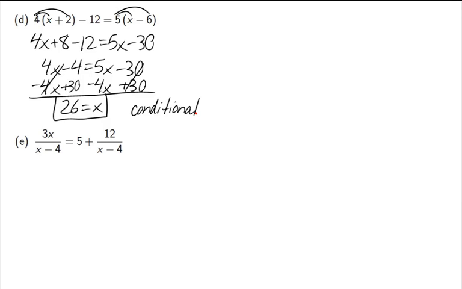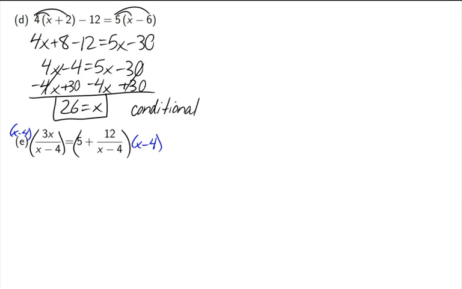Let's do another one. Now, this one is actually what we might call a rational equation, but it follows similar steps to what I did just a moment ago when I had other denominators. I'm just going to multiply by whatever I can to get the denominators out, the least common multiple, if you will. And while we'll do more examples of these in the future with these larger denominators that have variables in them, I'm just going to multiply both sides by x minus 4.